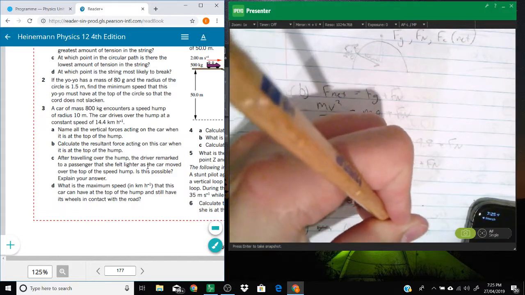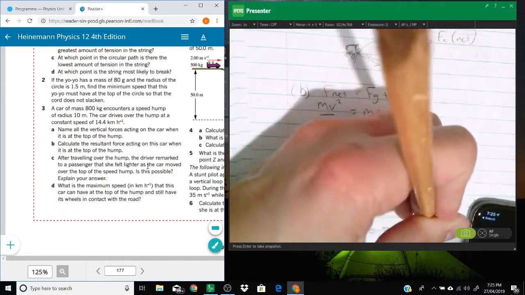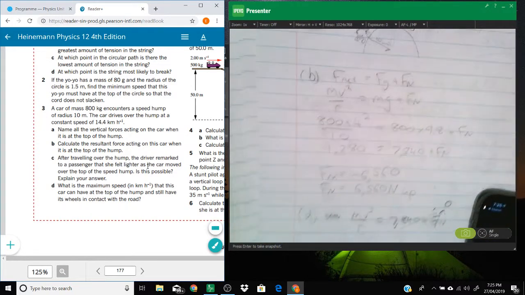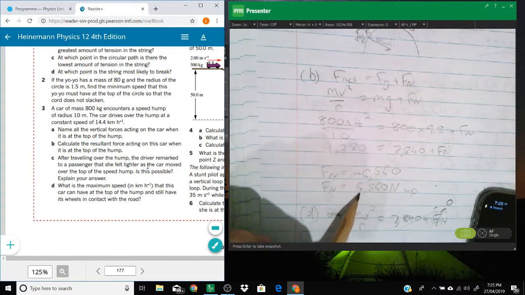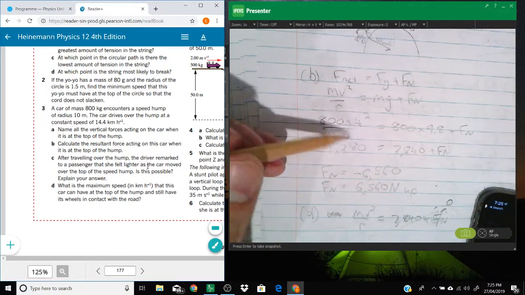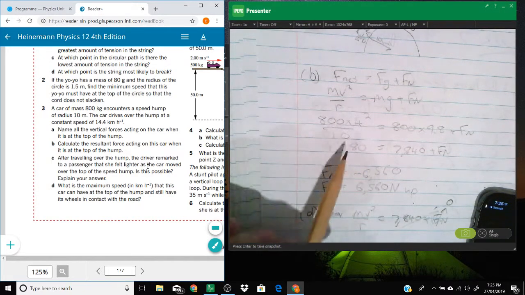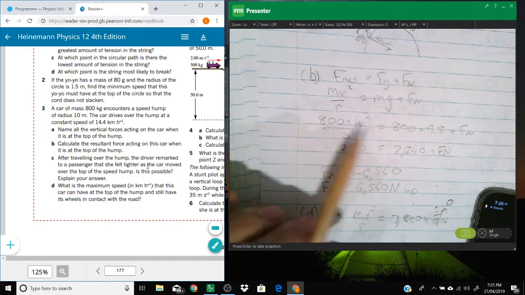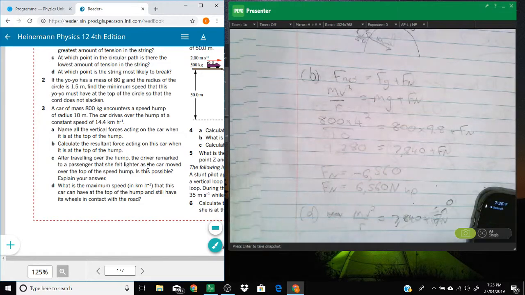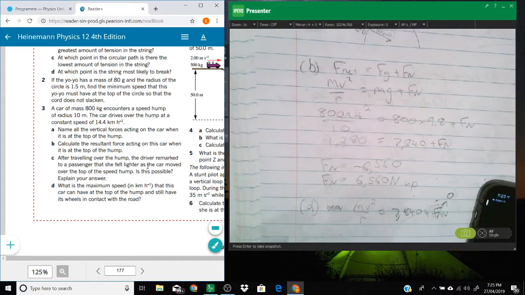It's when Fn, the normal force, becomes 0, because right now it's reduced. So if you travel it faster, you would have subtracted a larger number than this one. So mv squared on r.